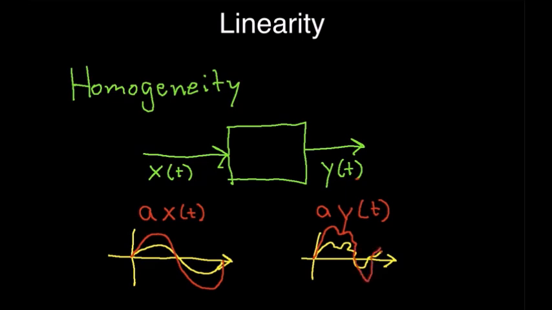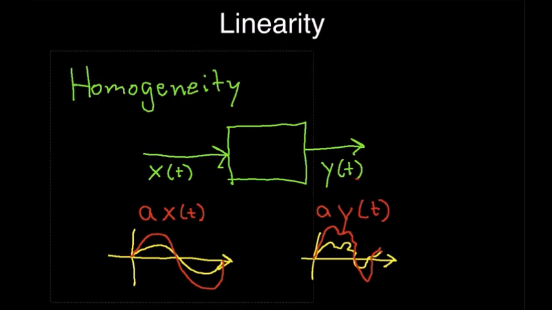The art is terrible, but anyway, the idea hopefully makes sense. So the idea is that a system is homogeneous if you scale the input, and that leads to scaling the output. Okay, so that's the first condition that has to be met in order for a system to be linear.